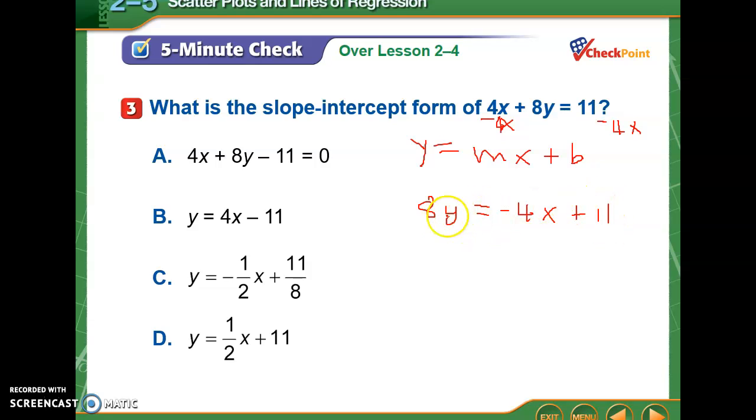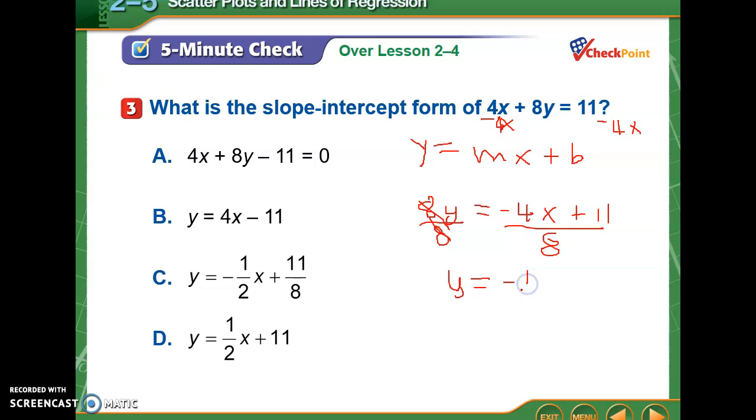Okay, so what's our final step? So we're going to leave y by itself, so you divide both sides by 8. So bring down y equals, what's negative 4 over 8? So simplify. So that gives you, divide up top and bottom by 4.